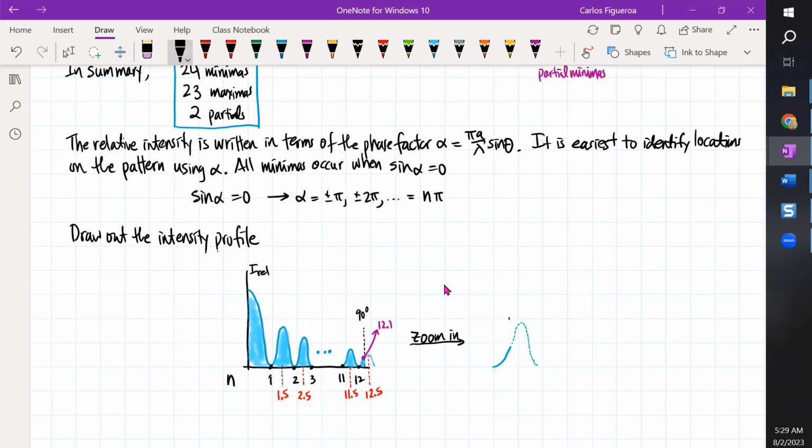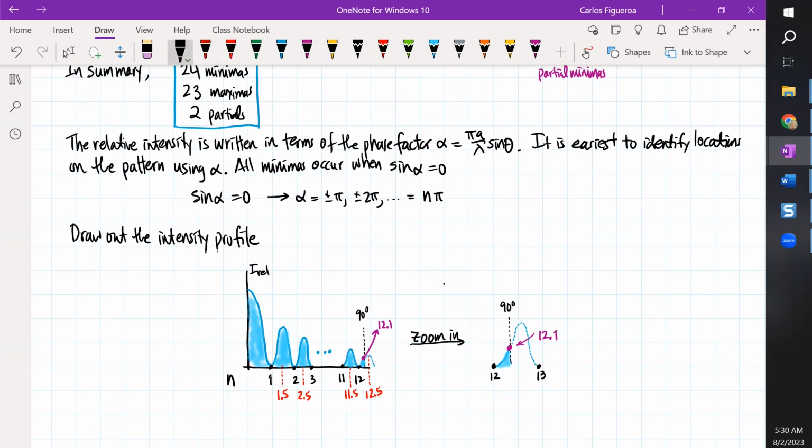And this is the point where this is 90 degrees. So if I look at the location of my minimas, right here, this is 12. Right here, this is 13. So once again, you could see that this guy is just past the 12th minima.